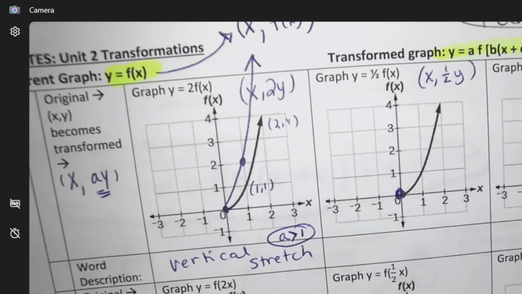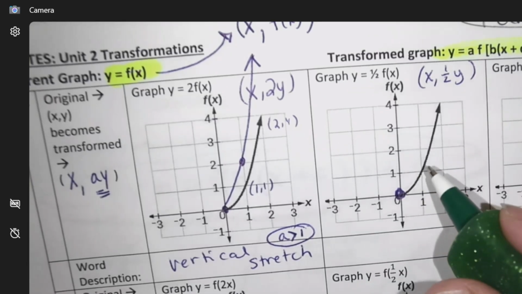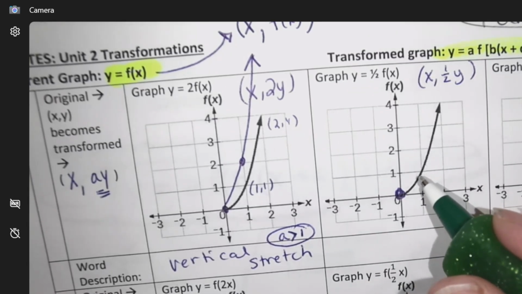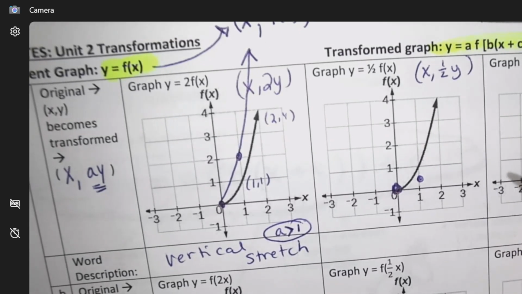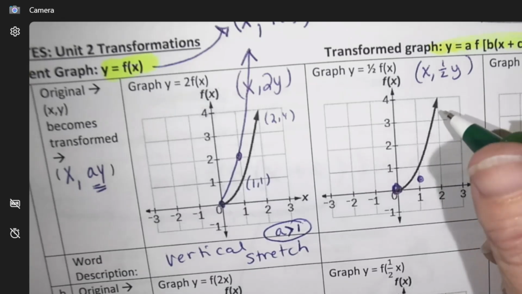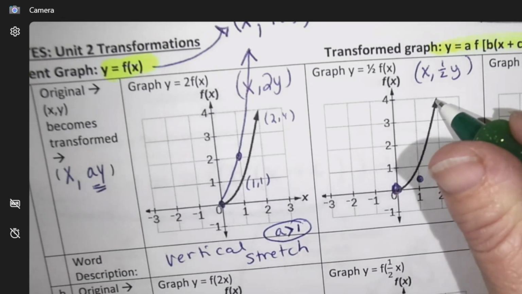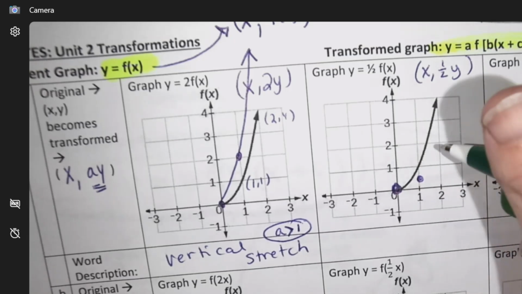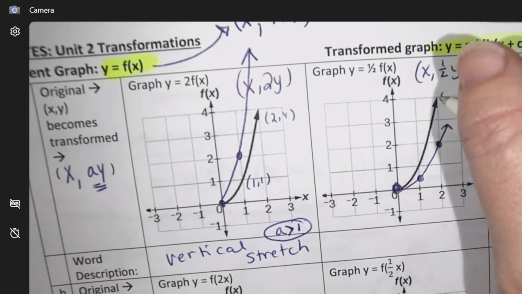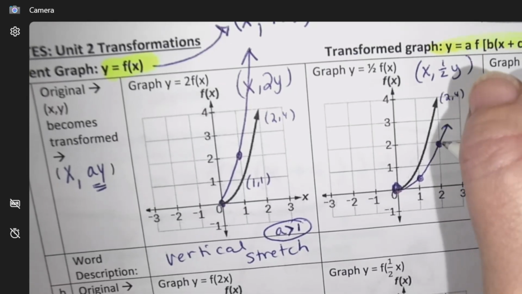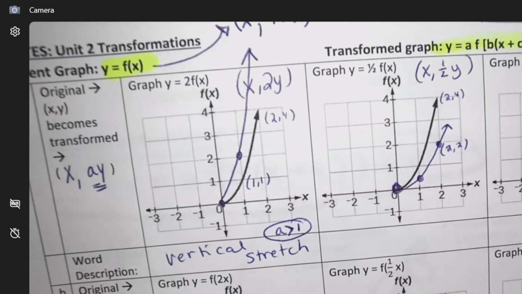It stays. 1, 1 will now go to 1, a half. And this coordinate was at 2, 4. So instead of a height of 4, it's going to have a height of 2. So again, here's what I did. The 2, 4 is now 2, 2, because a half of 4.